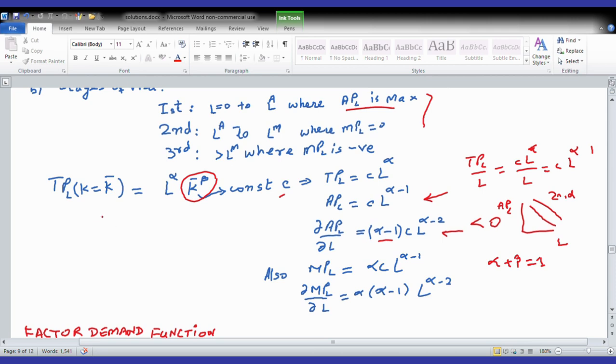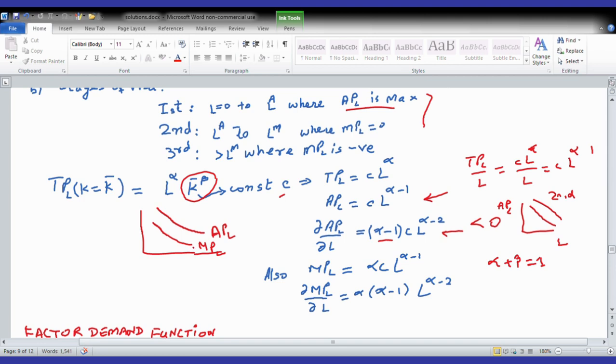So just keep in mind that in the case of the Cobb-Douglas production function, we have average product of labor falling as well as marginal product of labor falling. It is never increasing, so we don't have the first stage of production. Similarly, the average product of labor will never become equal to 0 for any level of employment of labor.